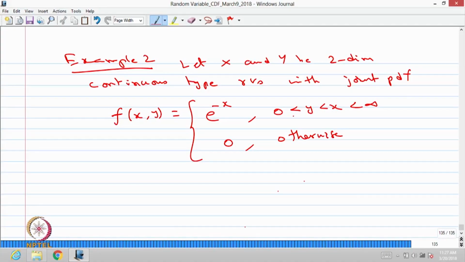That means if you visualize the graphical representation of this joint probability density function, with x axis, y axis and z axis, then y lies between 0 to x, that means y is equal to 0 and y is equal to x.